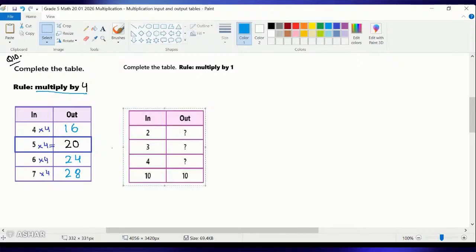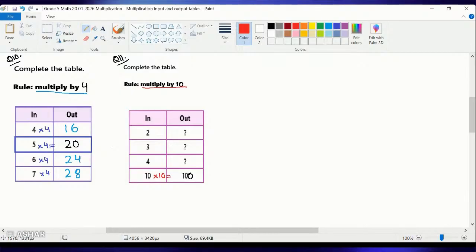Okay. The rule given is multiply by 10. Let's suppose I say the rule is given as multiply by 10 and this was a 100. This is question number 11. We know that when the input 10 was multiplied by 10, because the rule is multiply by 10, we got 100 as the output.